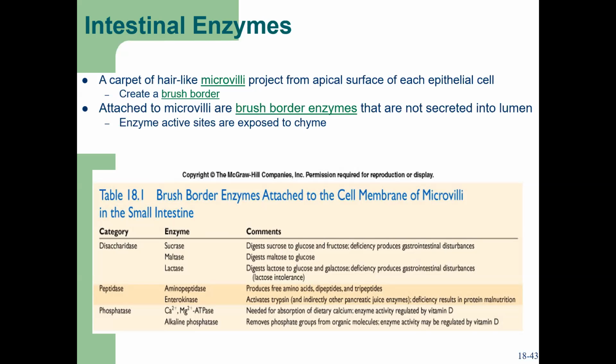Casein, for example, which comes from milk, is heavily phosphorylated. Alkaline phosphatase produces phosphate that can then be brought into the cell, and then other types of ATPases for bringing in calcium, magnesium, and other types of ions as well. These are all brush border enzymes.